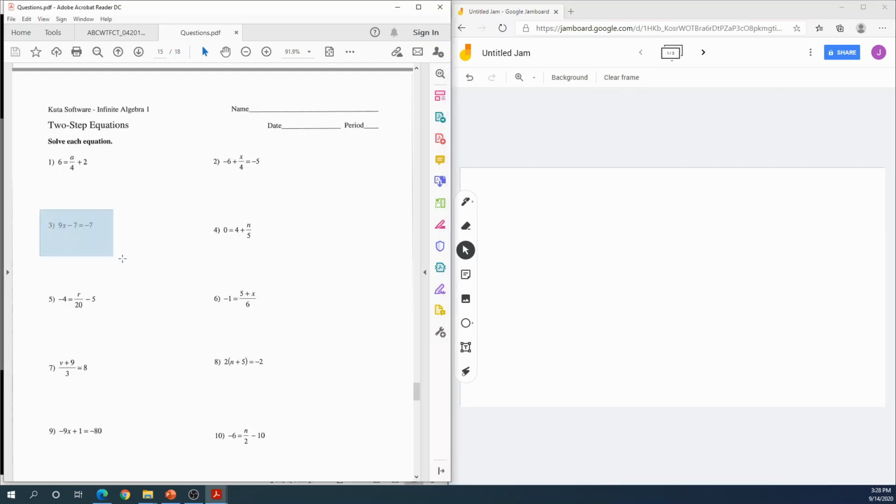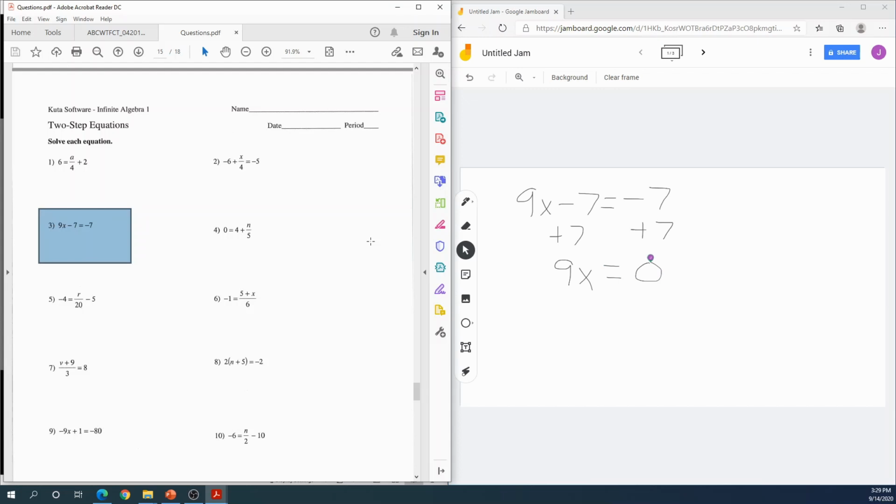All right, let's take a look at problem number 3. Number 3, we have 9x minus 7 is equal to minus 7. So let's add 7 to both sides of the equation. So we get 9x is equal to 0.